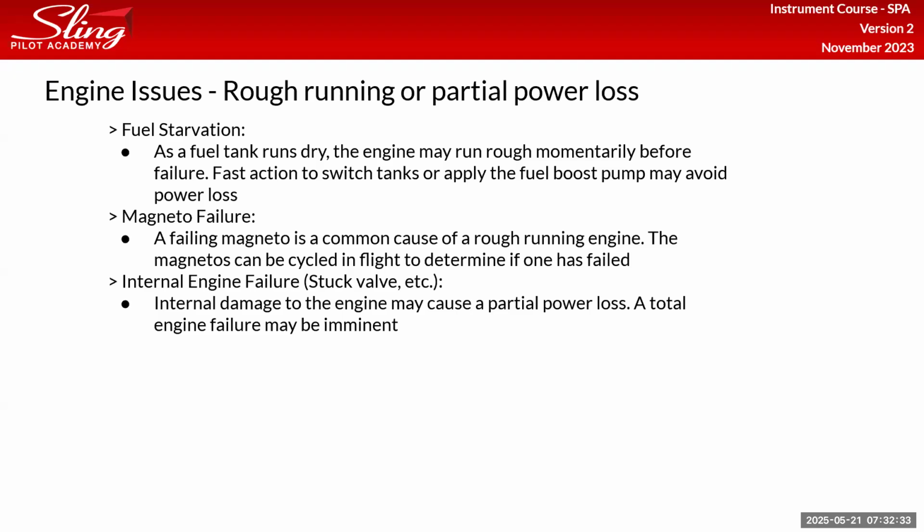When you're doing your run up, you turn the key to right, and you look at the RPMs. Then bring it back to both, and then go to left, look at the RPMs, back to both. You're essentially just checking to make sure that the engine will run properly if you are only on one magneto. You'll notice a little power drop, but then it should go back to normal.